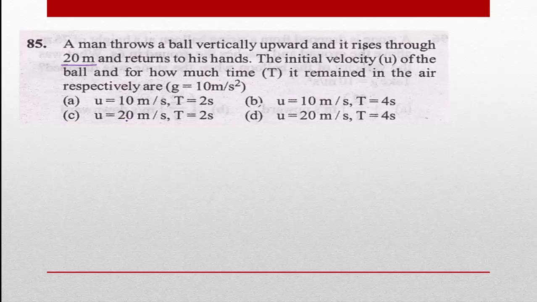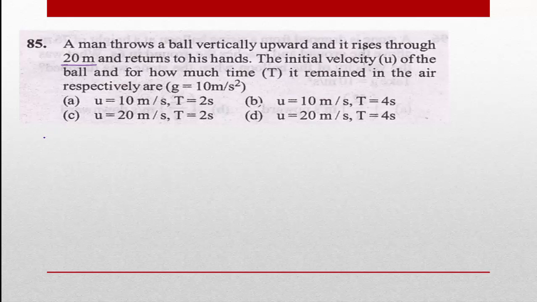A man throws a ball vertically upward and it rises through 20 meter and returns to his hands. The initial velocity is u of the ball, and for how much time t it remained in air, respectively.